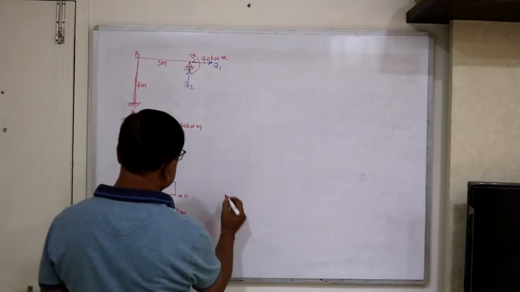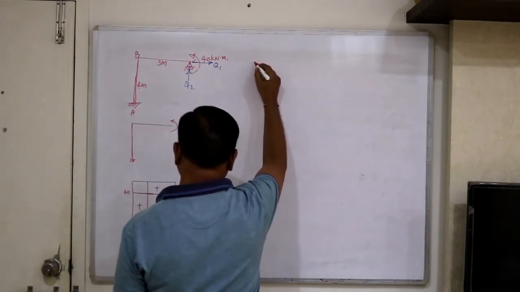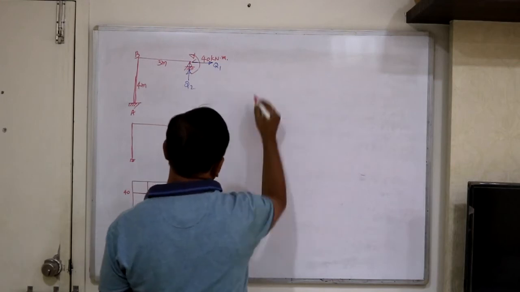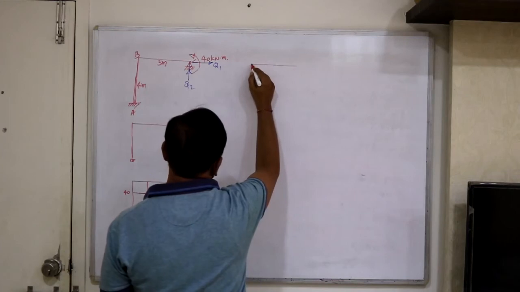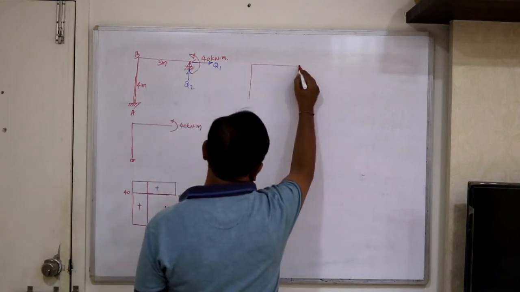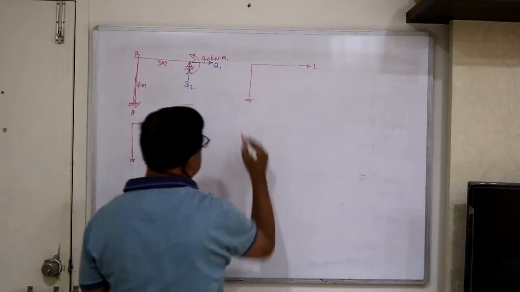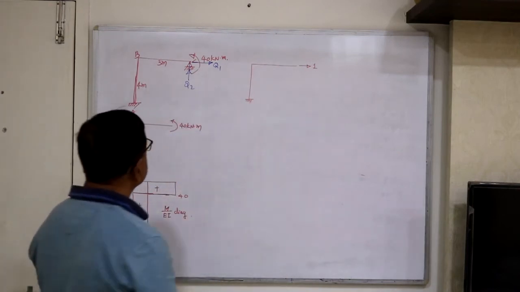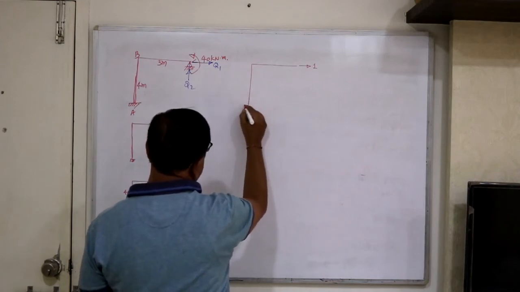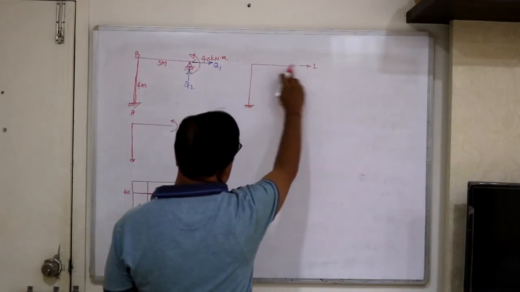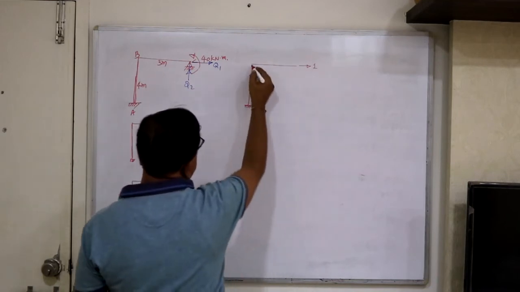Now let's draw the next diagrams. Apply a unit load here, 1, and this is fixed, remember. What will be the diagram? There is no variability on this; tension is produced on this side, and this is the diagram.